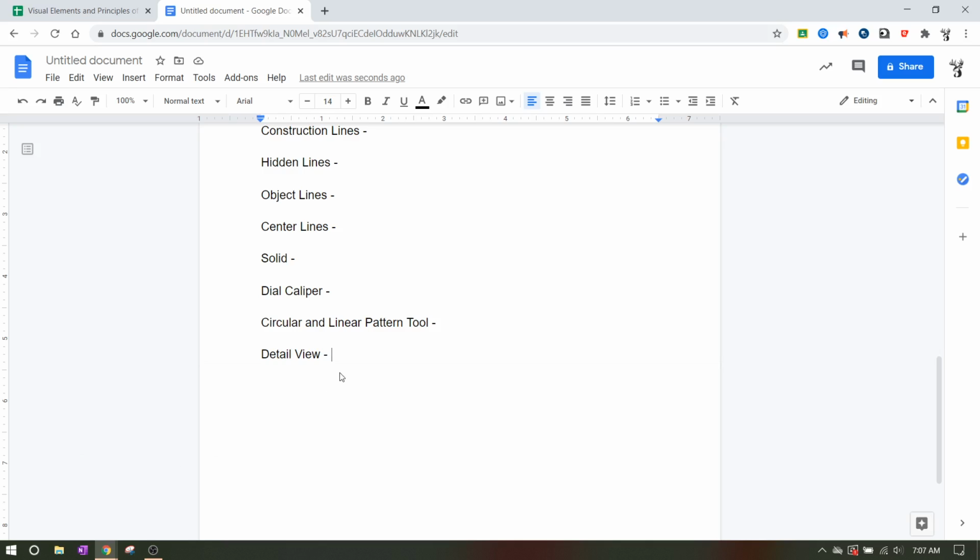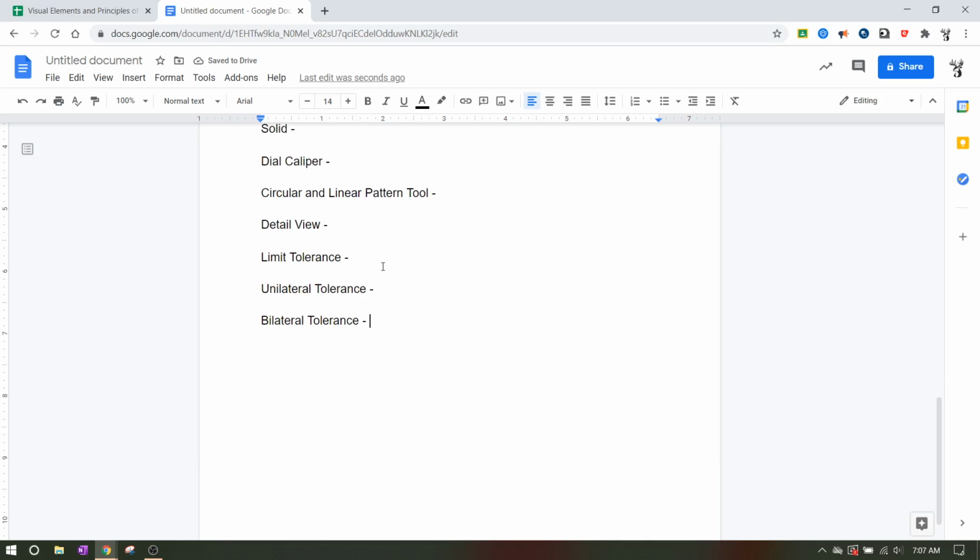The types of tolerances. There's a limit tolerance, there's a unilateral tolerance, and there's a bilateral tolerance. A limit tolerance has the two numbers, the upper limit and the lower limit, just written out there.